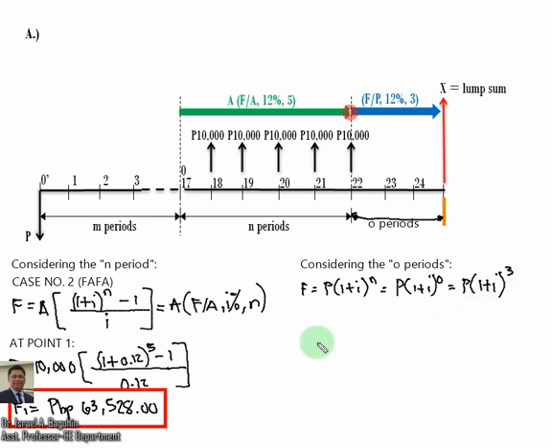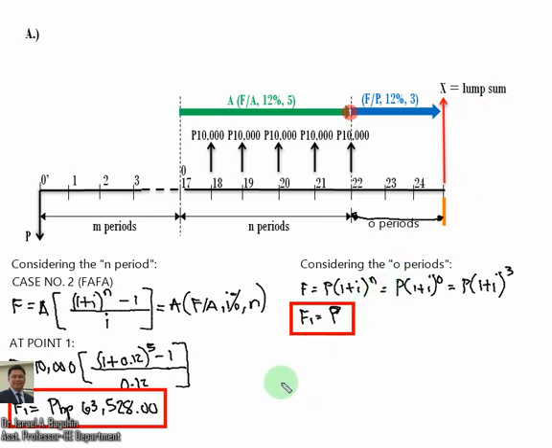Okay, so as I've said, our F1 here is just equal now to our P here. So take note of this one.